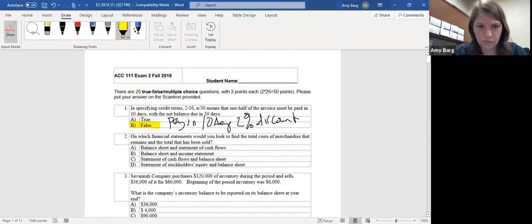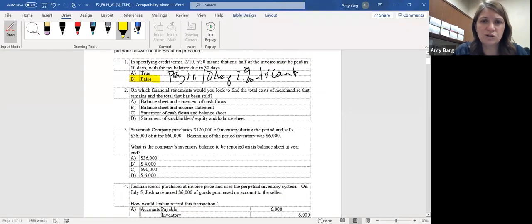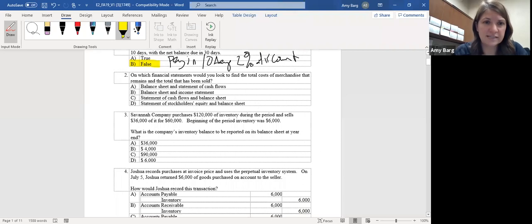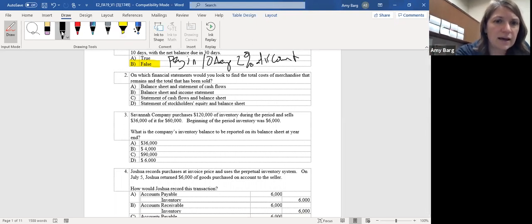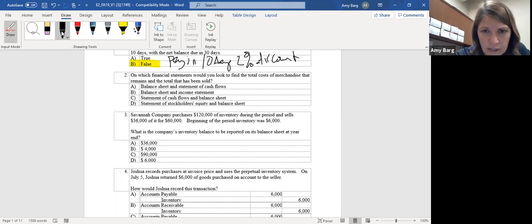All right, question 2. On which financial statements would you look to find the total cost of merchandise that remains and the total that has been sold? So the total that remains is the ending inventory. Where would you find ending inventory?